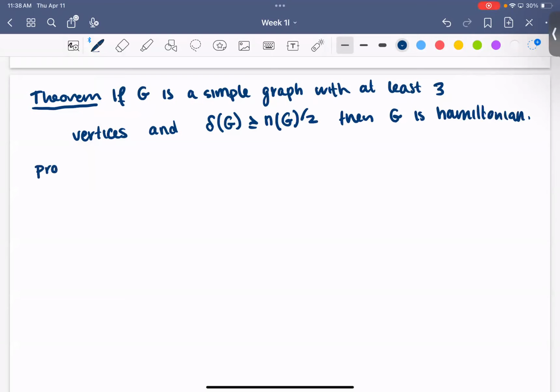Okay, so let's prove this. This is going to be one of those kind of funny proofs where you have to make a maximality argument and you use the property of the graph being maximal in the proof.